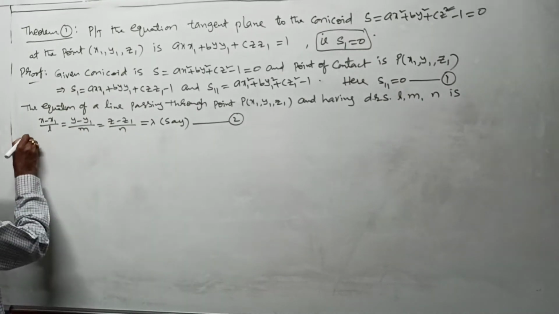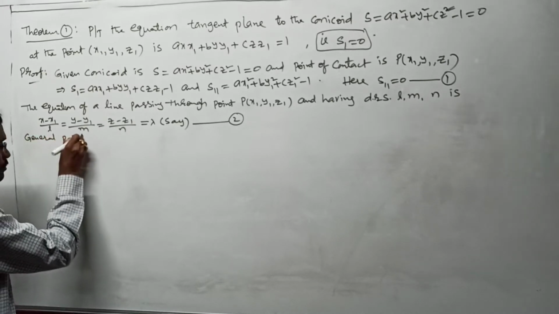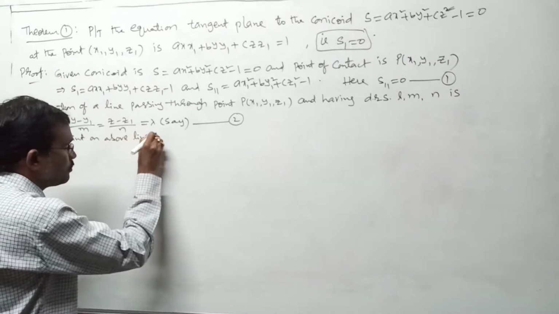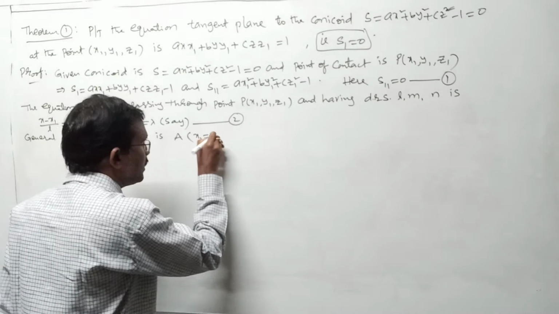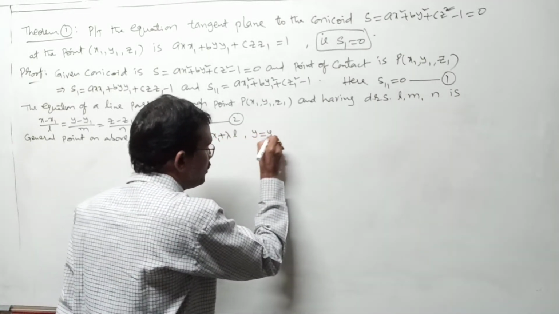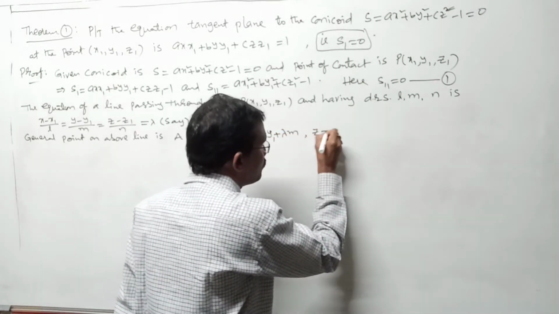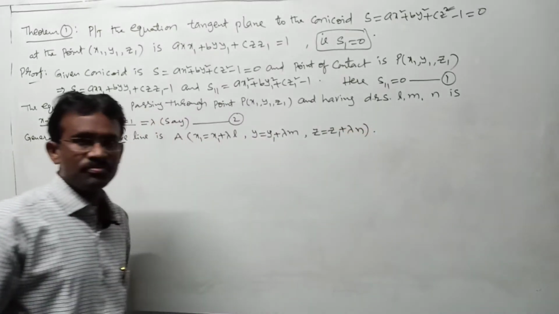The general point on the above line, I am denoting with A, is x equal to x1 plus lambda l, y equal to y1 plus lambda m, and z equal to z1 plus lambda n. This is the general point.